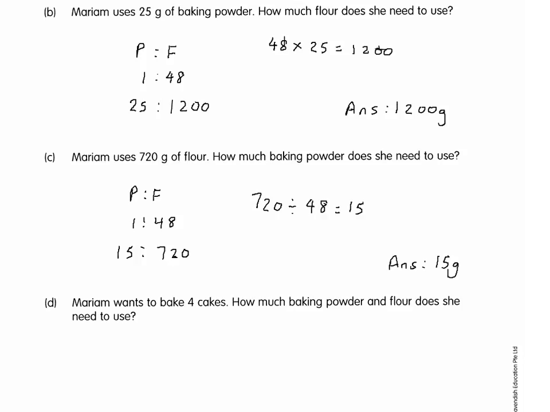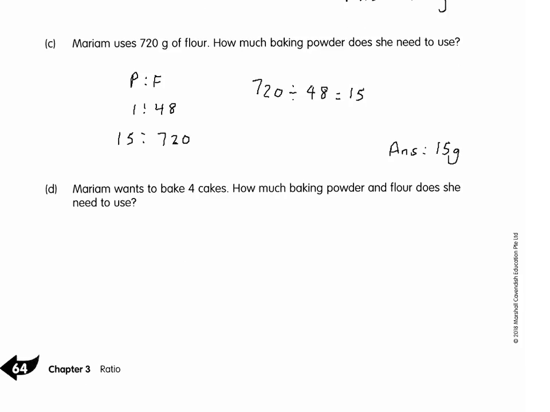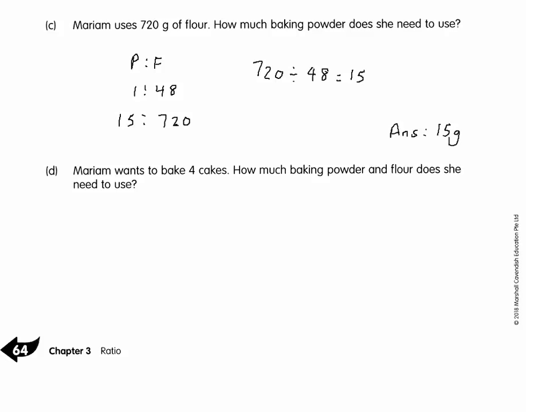Mariam wants to bake 4 cakes. How much powder and flour does she need to use? So, to bake a cake, what's the total mass of ingredients needed to bake one cake, Jingjie? 245 grams, right?